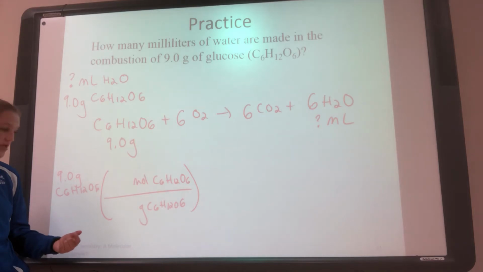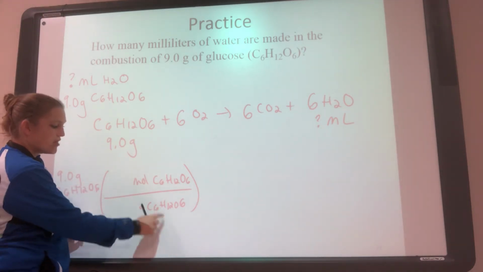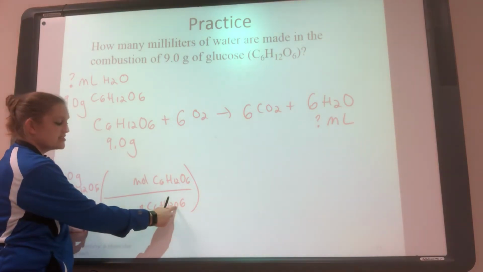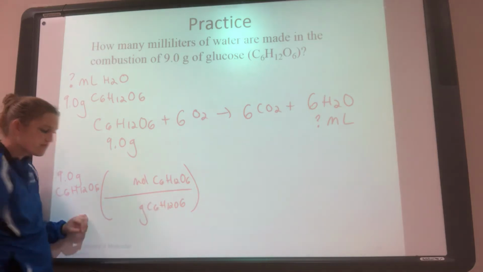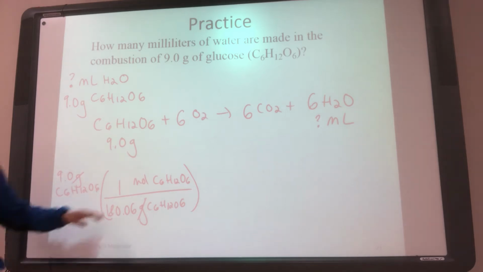I add it up on the periodic table. So I say 12 times 6 plus 1.008 times 12 plus 16 times 6. I add it all up, I get 180. Is 180 going top or bottom? Bottom. It always goes with the gram. So 180.06 and 1. So grams go away. Now I'm in moles.